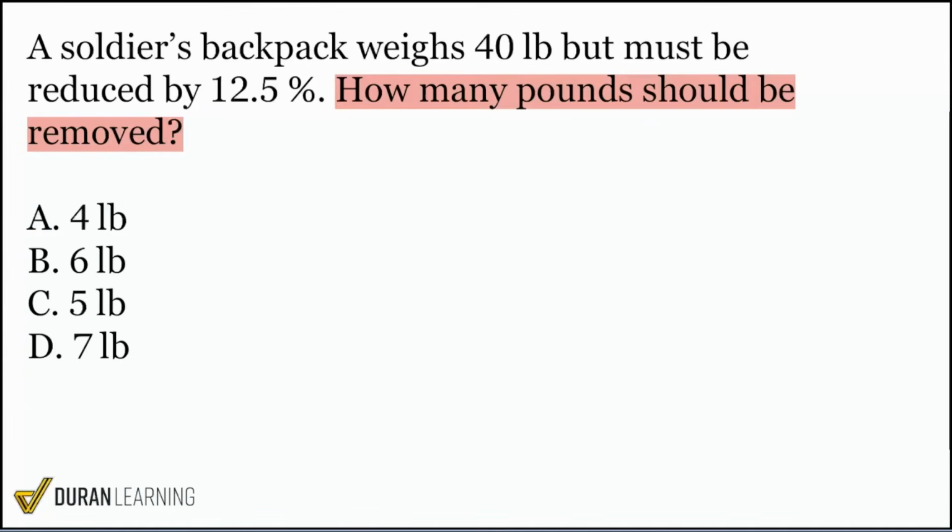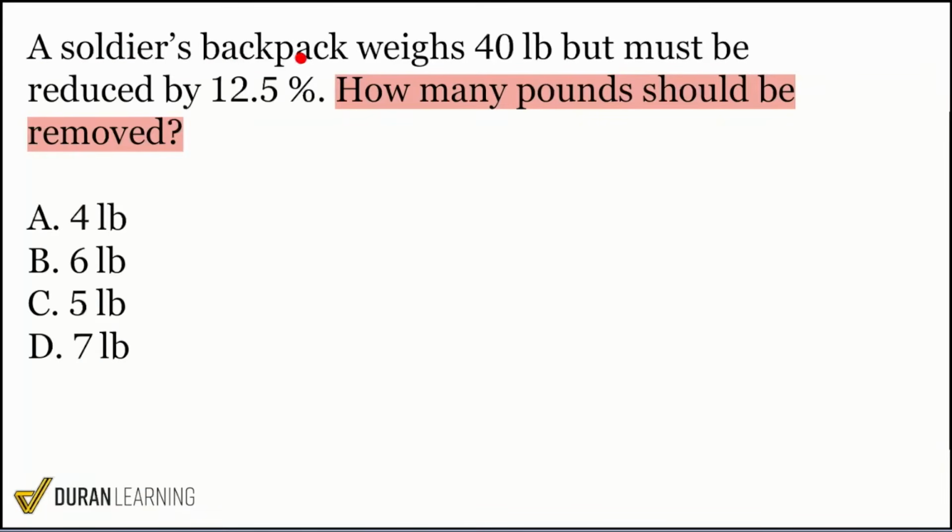What is the story saying I need to find? Once I know that, some number of pounds that needs to be removed, sounds good. Now let's read the other pieces of information so I can connect the dots.